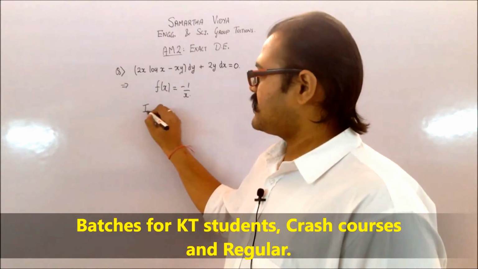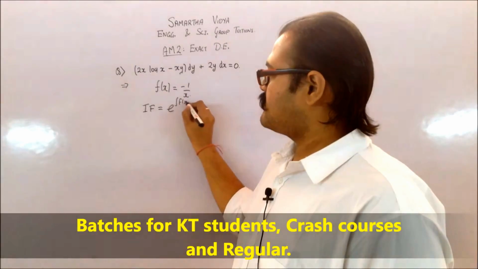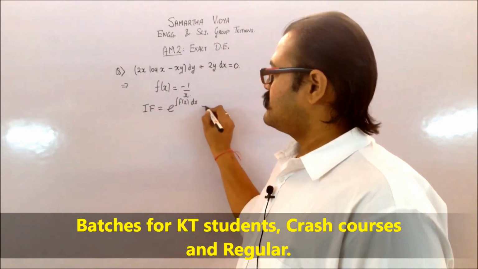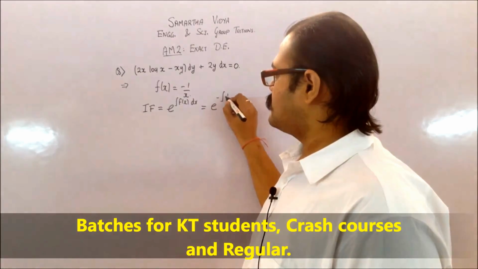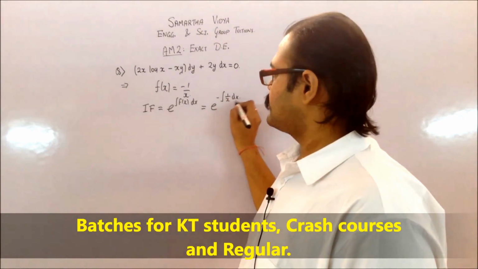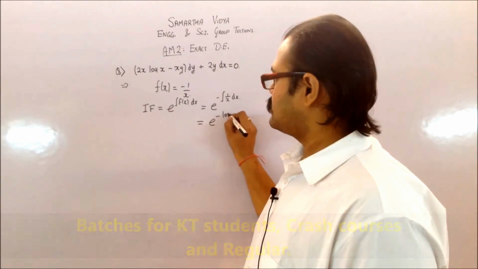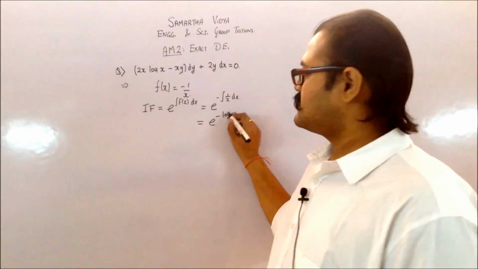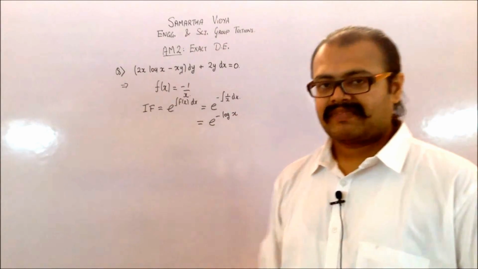So integrating factor is going to be equal to e raised to integral f of x dx, which is equal to e raised to minus integration of 1 upon x dx. So 1 upon x dx integration gives e raised to minus log x. This log is going to be your natural log, or you can write it as ln.